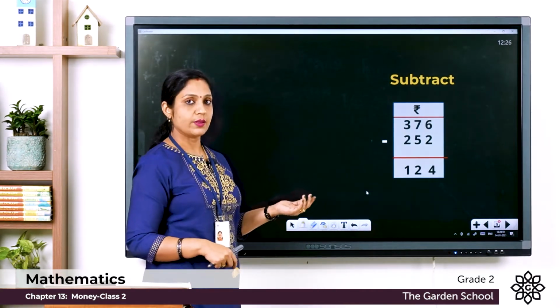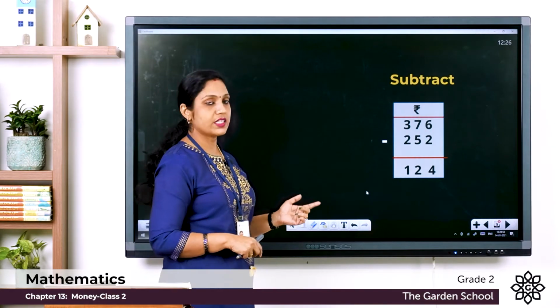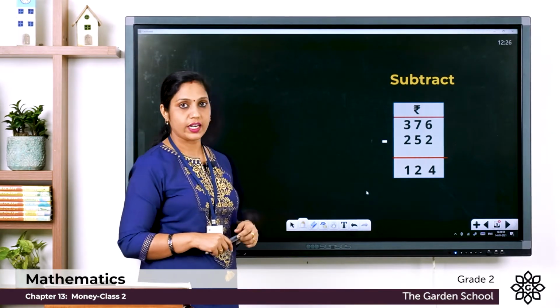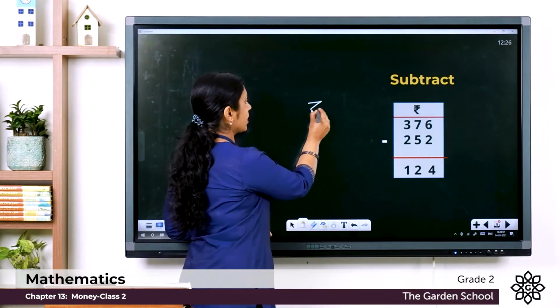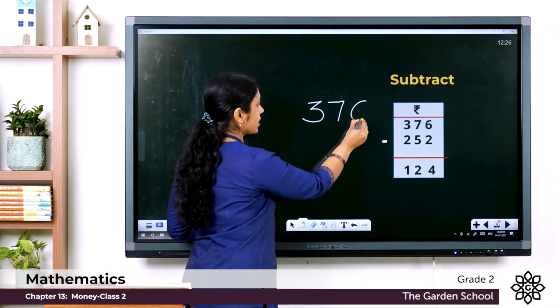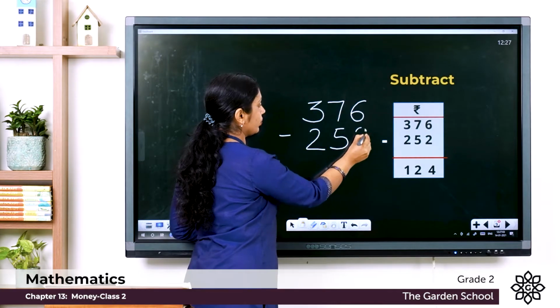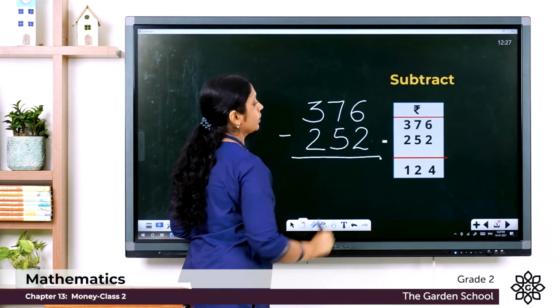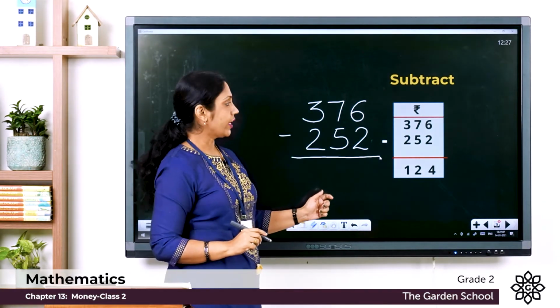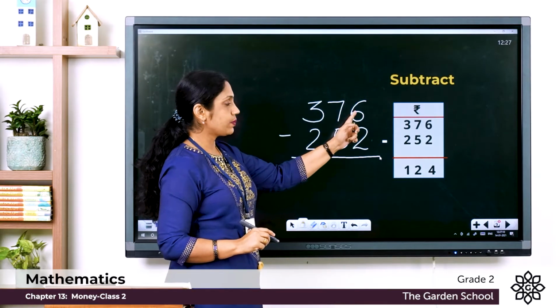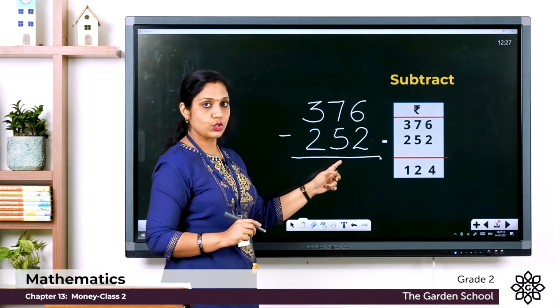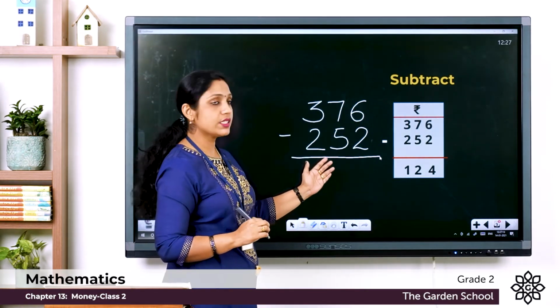Next let's subtract 376 rupees minus 252. First let's write 376 minus 252. Now let's start subtracting from the ones place. In the ones place we have 6 minus 2 and 6 minus 2 is 4.